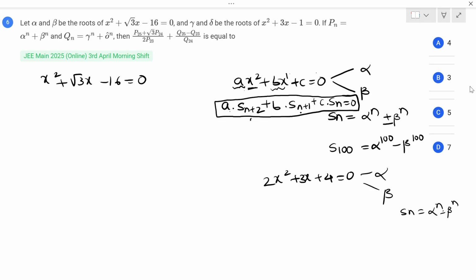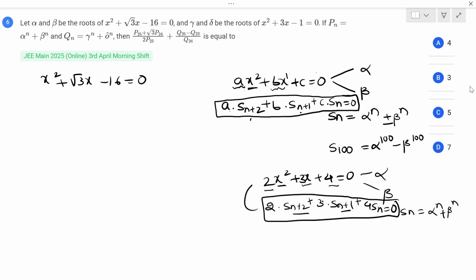So how can I apply Newton's formula for this? Copy 2 as it is, instead of x square put Sn plus 2, next Sn plus 1 will come. So next 3 as it is, instead of x put Sn plus 1, plus 4 as it is, Sn. So 2 Sn plus 2, plus 3 Sn plus 1, plus 4 Sn is equal to 0. This is the Newton's formula for this quadratic equation.